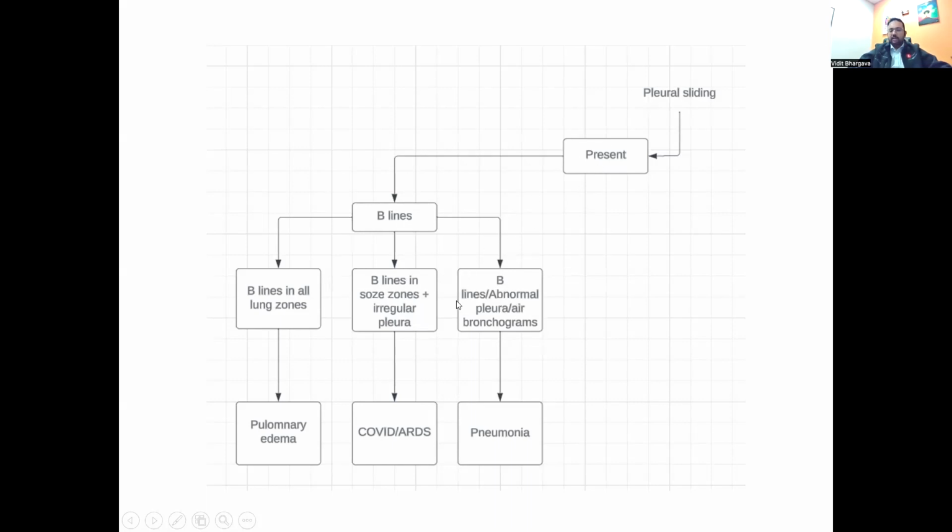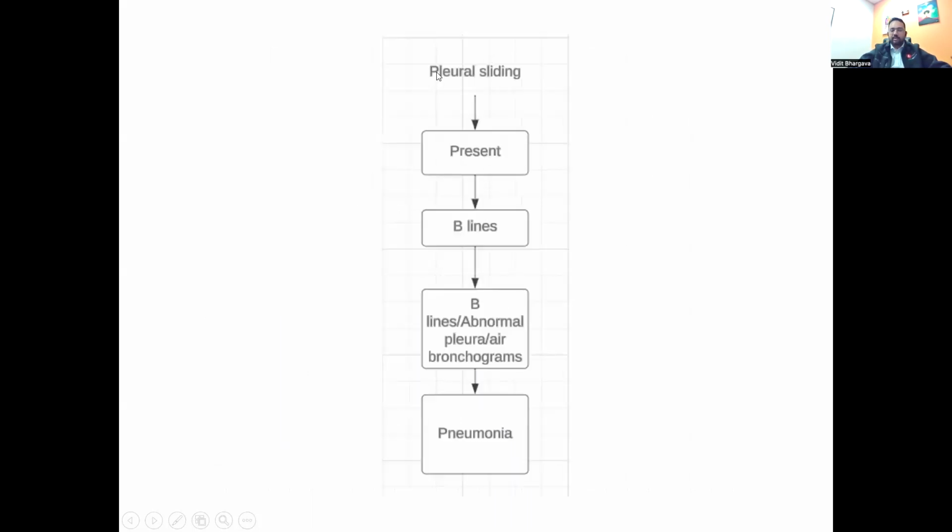That seems to be what was most consistent with our patient. So that leads us down the path of a patient who has pleural sliding, predominant B lines, along with abnormal pleura, air bronchograms, and other findings that are consistent with pneumonia. So that would be the diagnosis for this patient.